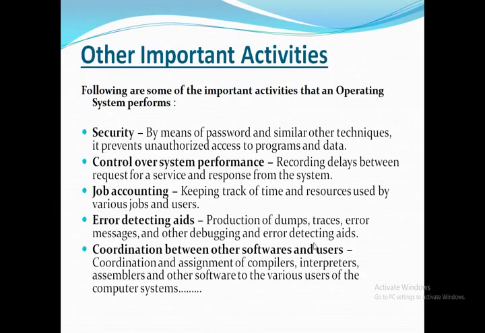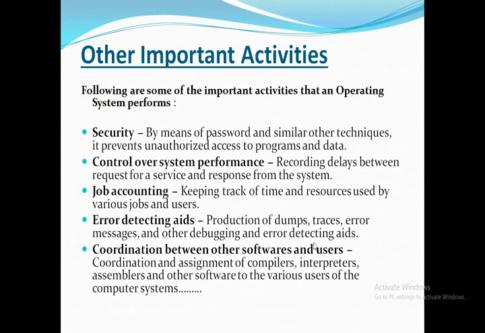Other important activities of an operating system are security by means of passwords and similar techniques. It prevents unauthorized access to programs and data. Control over system performance by recording delays between a request for a service and the response from the system. Job accounting: keeping track of time and resources used by various jobs and users.